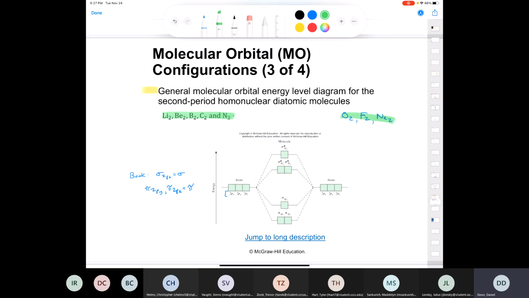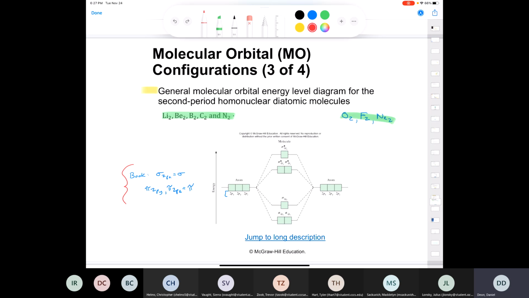Now, in our book, the convention that Chang uses is that the 2px orbitals are used to make sigma bonds, and the 2py and the 2pz are used to make pi bonds.